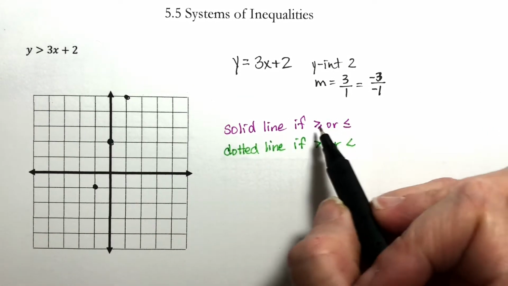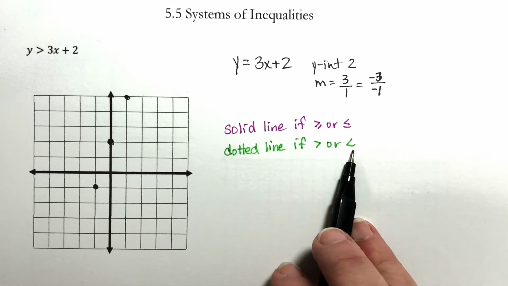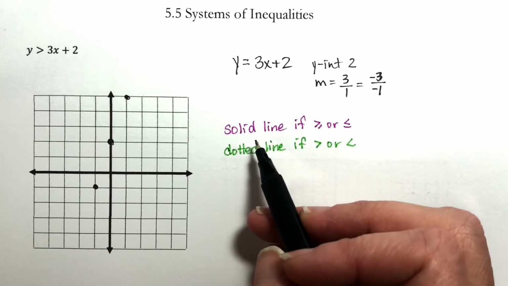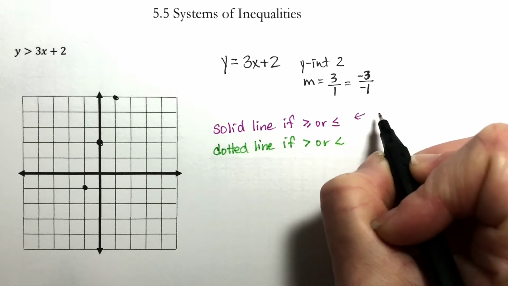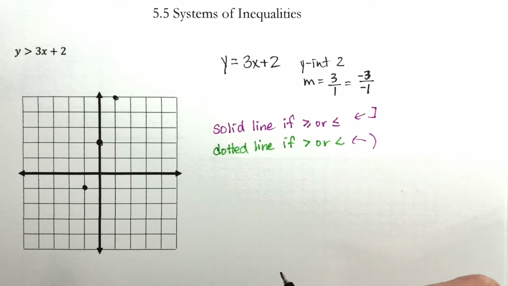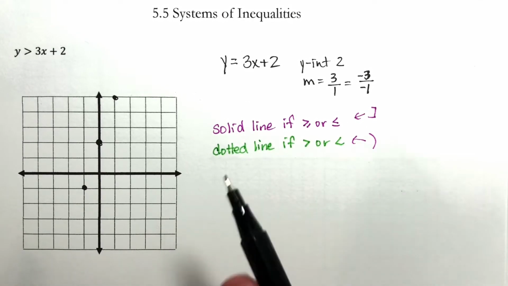Okay, so if we have the equal to, it is a solid line. If we have it without an equal to on it, it's going to be a dotted line. Now, when we were doing inequalities with one variable, in this case we used brackets, and in this case we use parentheses. It's just we have two variables, so we have to do it a little bit differently, but it does mean the same thing.